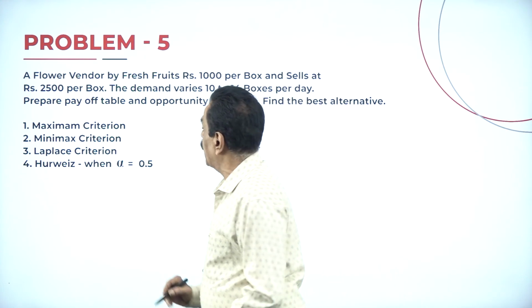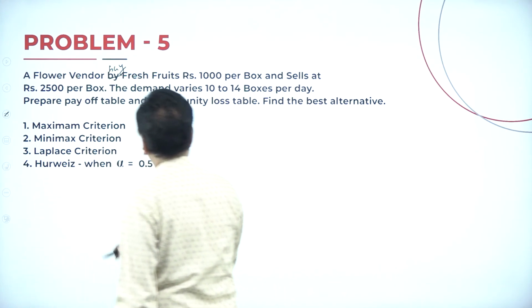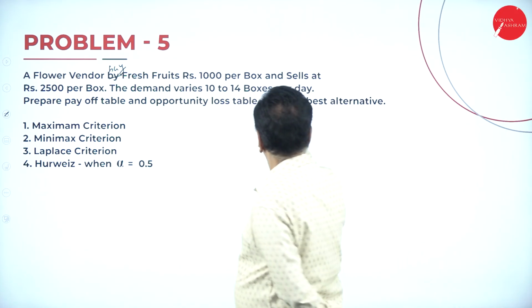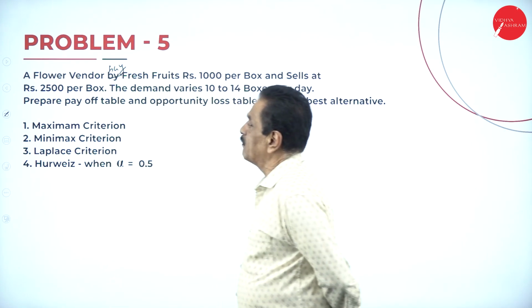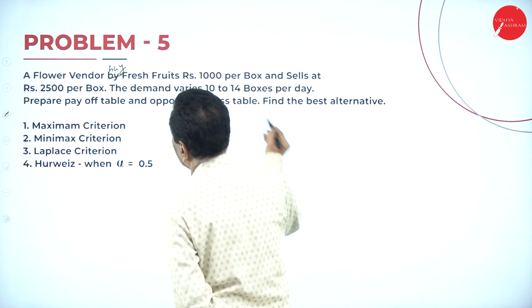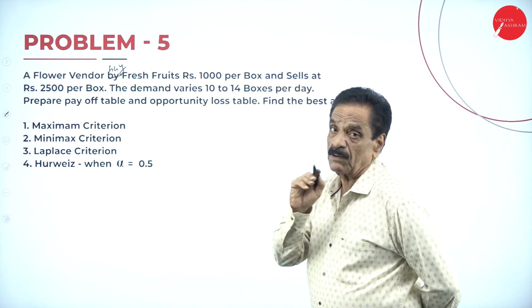A flower vendor buys fresh fruits at rupees 1,000 per box, and sells at rupees 2,500 per box, at a profit of 1,500.